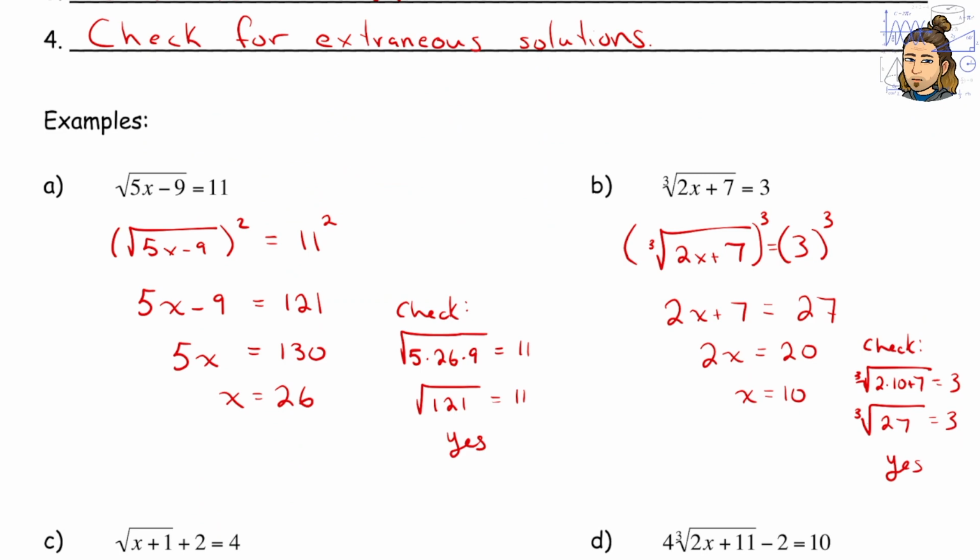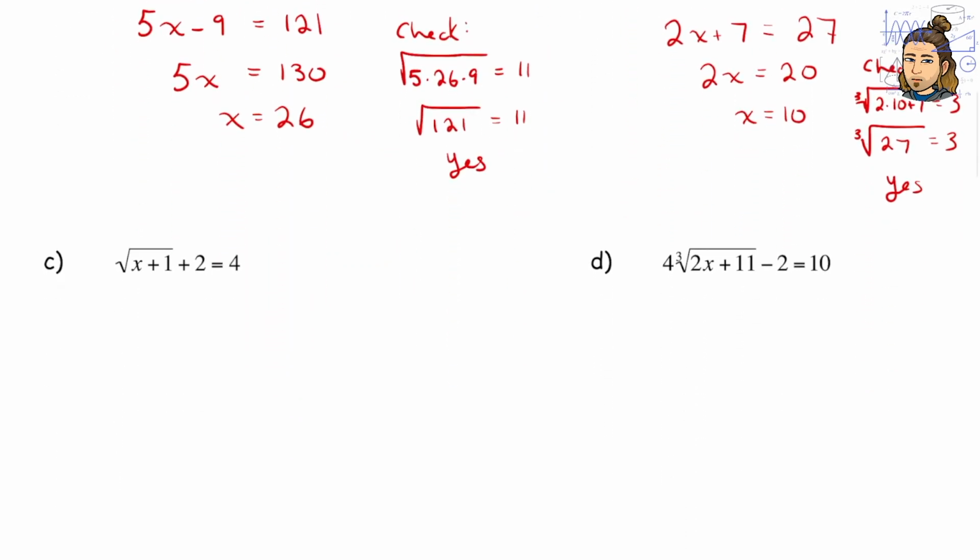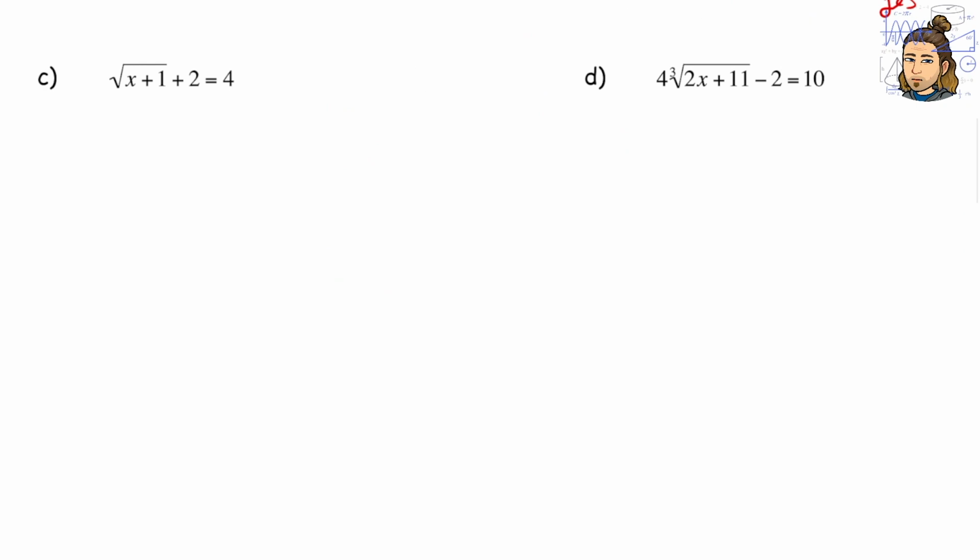Okay, a couple more examples here for us. In this case, we have the square root of x plus 1, plus 2, and that needs to equal 4. Our first step was to isolate the radical on one side, if necessary. In this case, it is necessary.